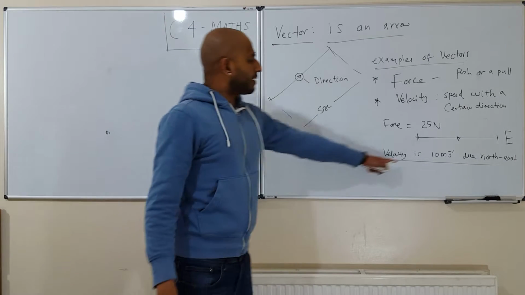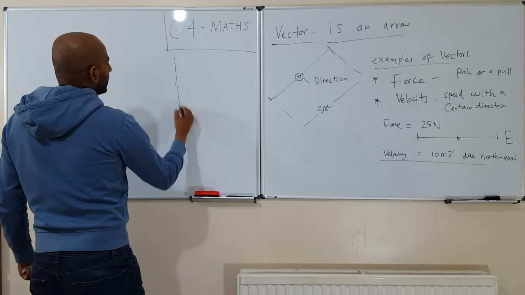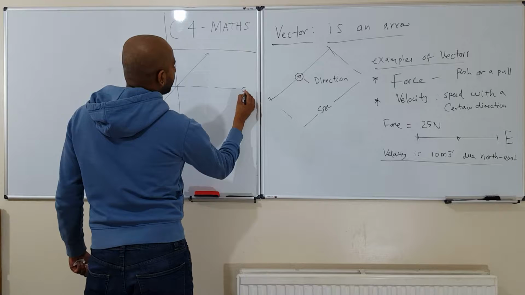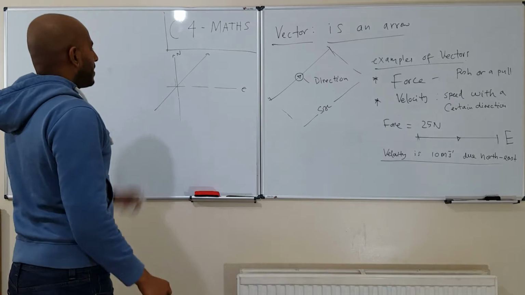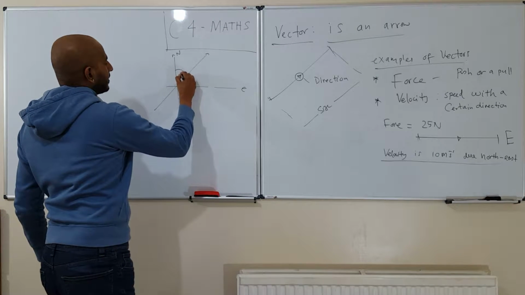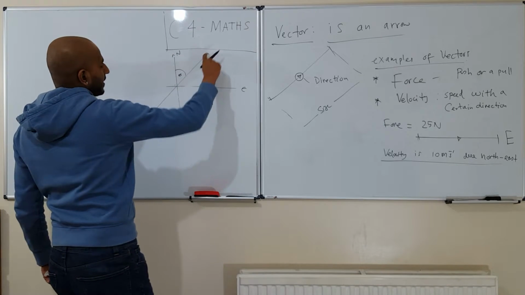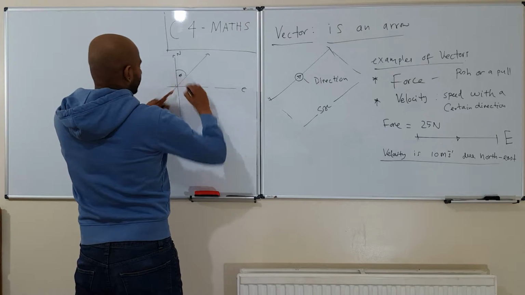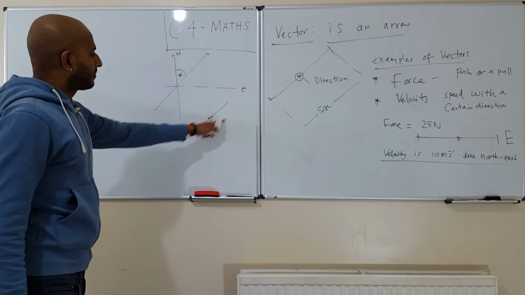Given velocity is 10 meters per second due northeast, that is north, that's east, and that's northeast. Northeast means in this context it's like 45 degrees from north. So that's the northeast direction, and we can draw it like this. There you go. That's a vector.